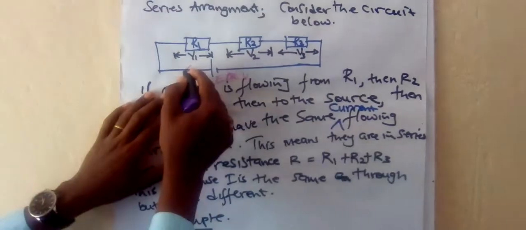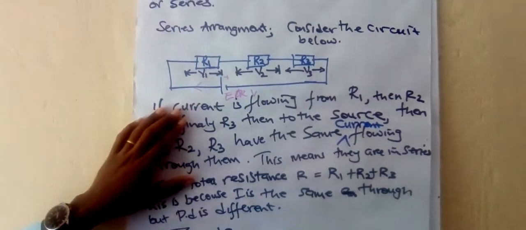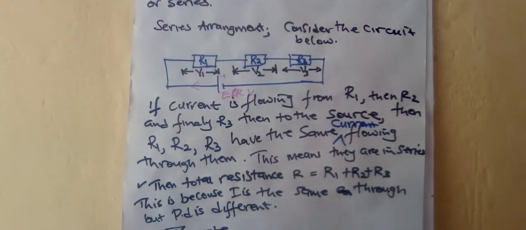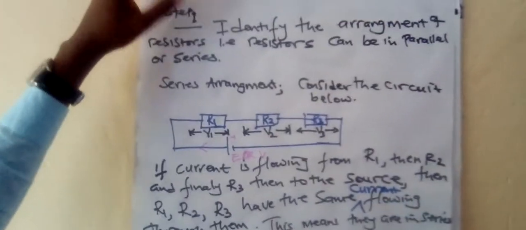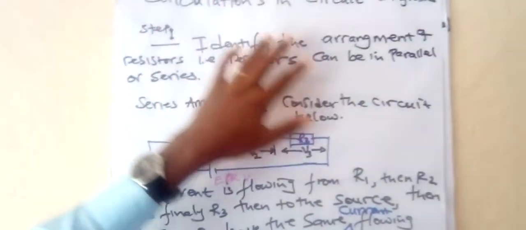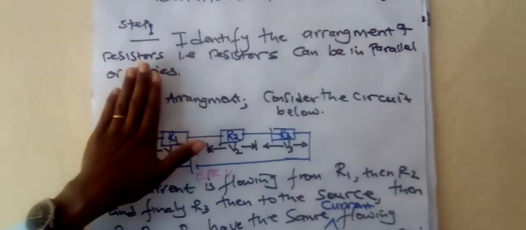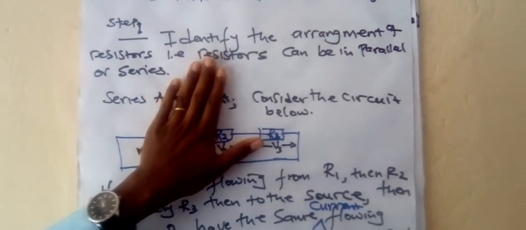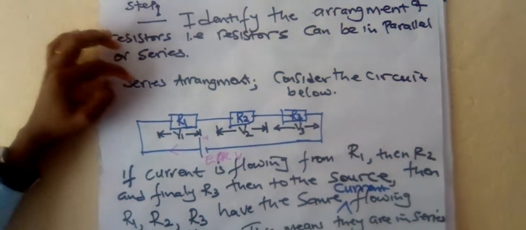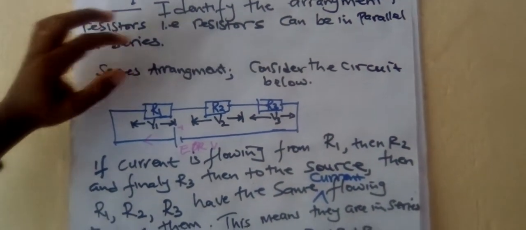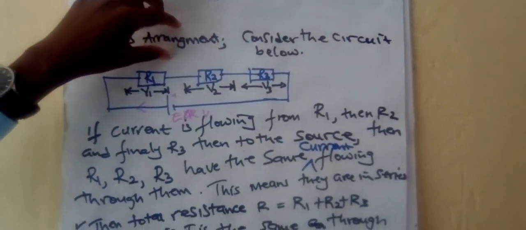Of course, current flows from the positive and goes to the negative. When we are looking at calculations, the first thing is to identify the arrangement of resistors. Resistors can be in parallel arrangement or series arrangement. Let's consider series arrangement as the first one.